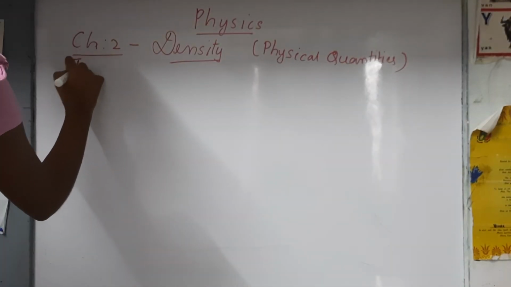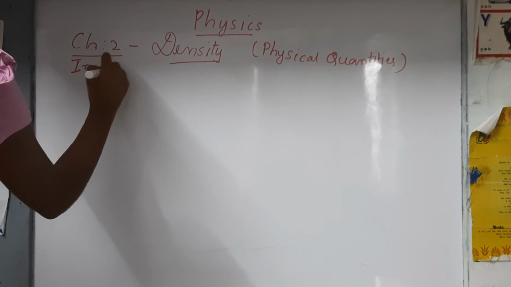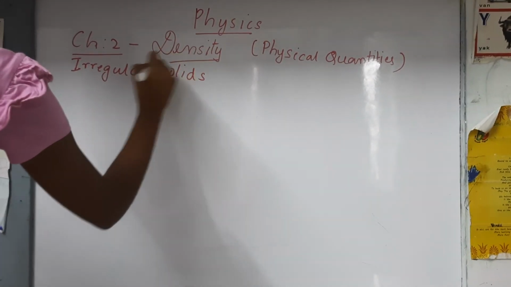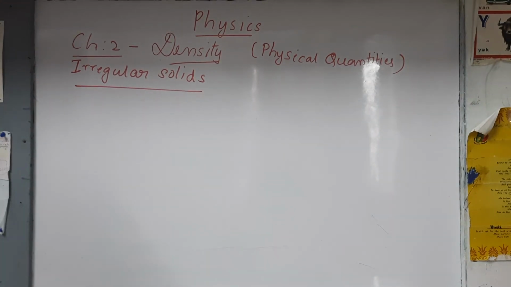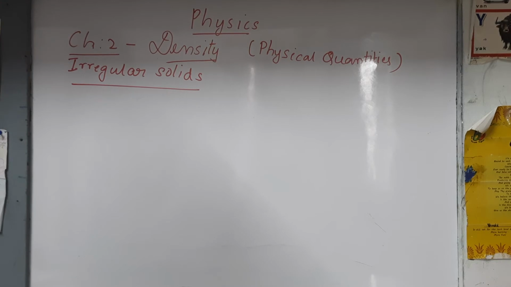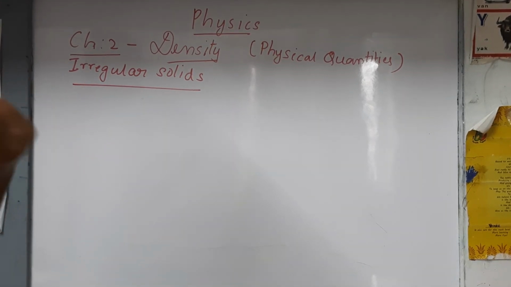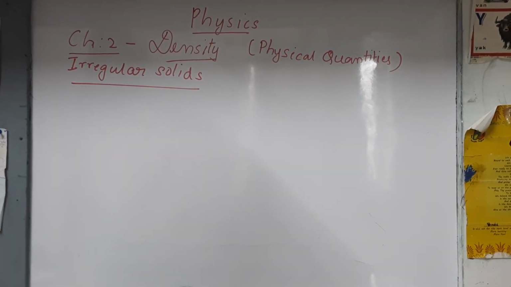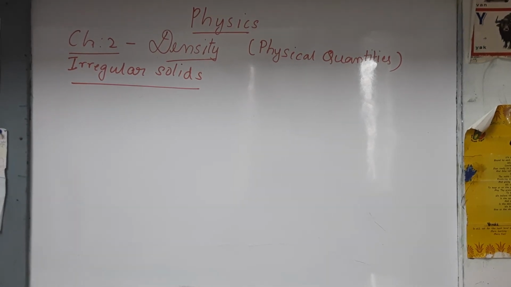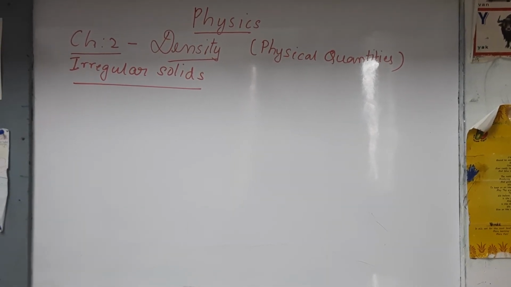Now for irregular solids. As I told you, I mentioned 3 vessels: measuring cylinder, measuring beaker, and Eureka can. In that, I want the measuring cylinder now.